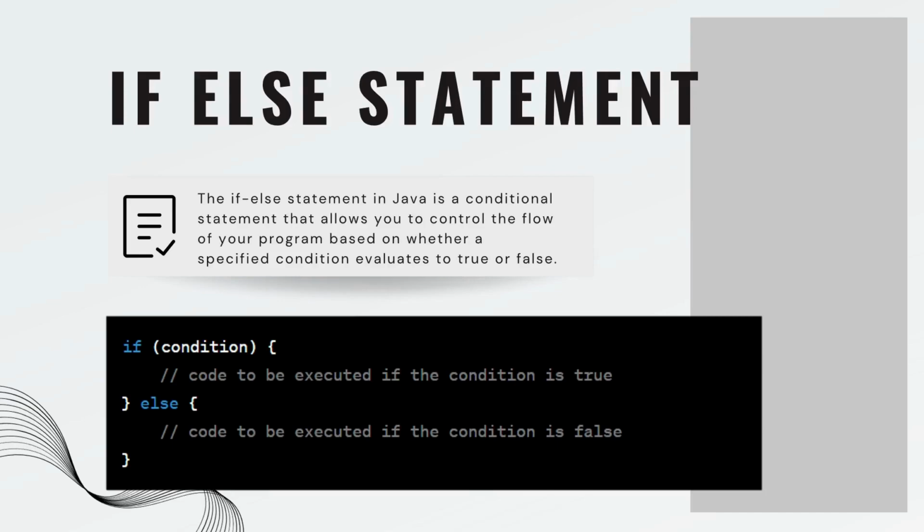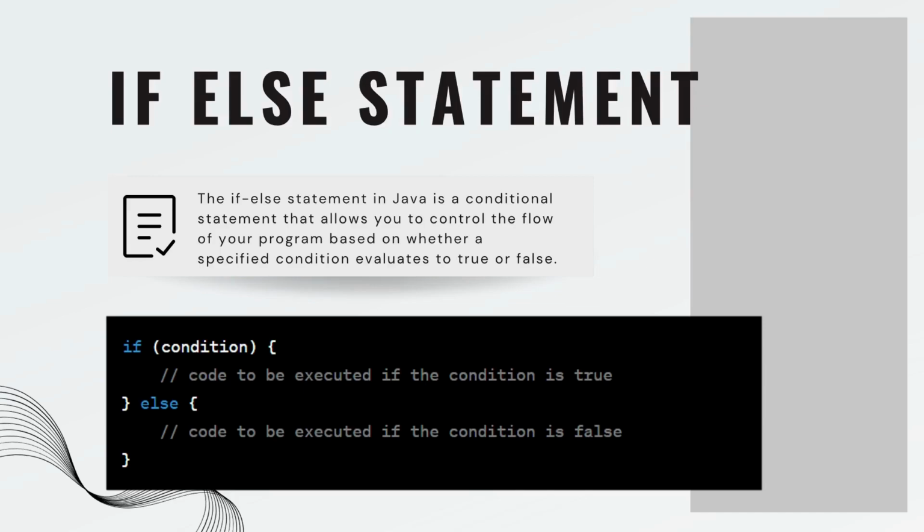If the condition evaluates to true, the code inside the corresponding block will be executed. Otherwise, the code inside the else block will be executed. Code block. The block of code following the if or else keyword is enclosed in curly braces. This block contains the statement to be executed if the associated condition is true or false.